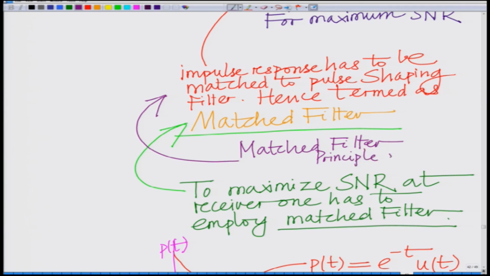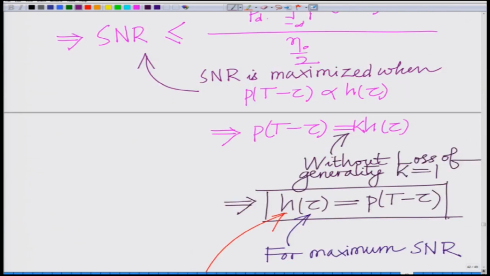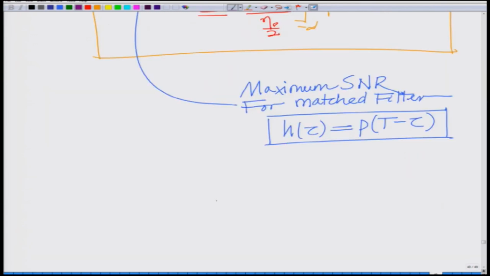So, that is pretty much it, which concludes a very important module. This module is one of the introductory modules in this course and is one of the most fundamental modules. I would like to emphasize once again that matched filtering is a very important principle in any digital communication system, since it can be employed to maximize the SNR at the receiver.